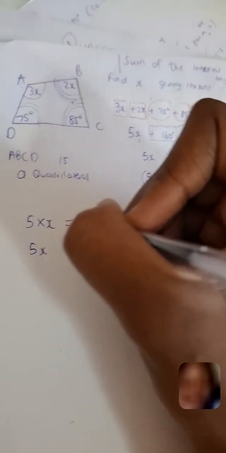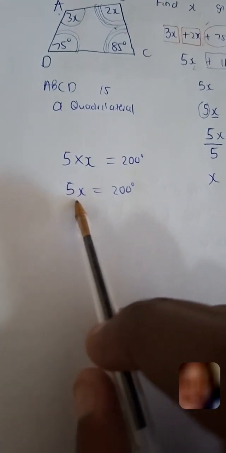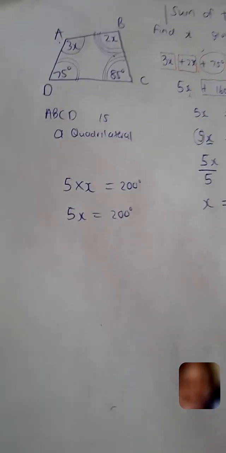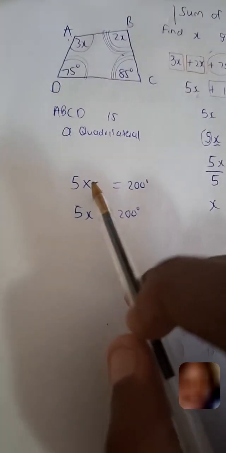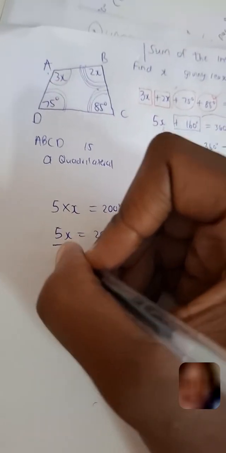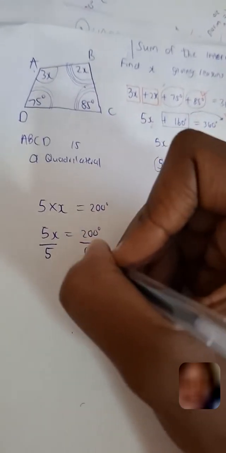Yes. Then you have 200 on the other side. So what I said is that we use the inverse of multiplication, which is division. When I say inverse, I'm saying the opposite of multiply. The opposite of multiply is divide. So that's why I said you divide both sides.